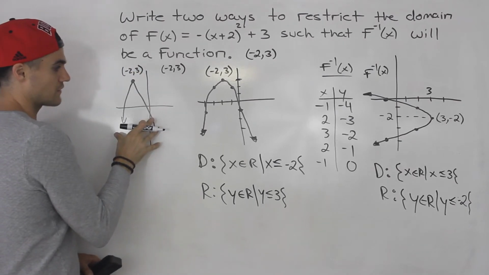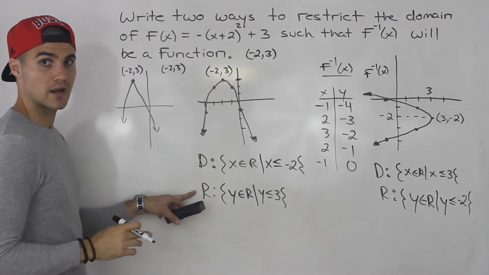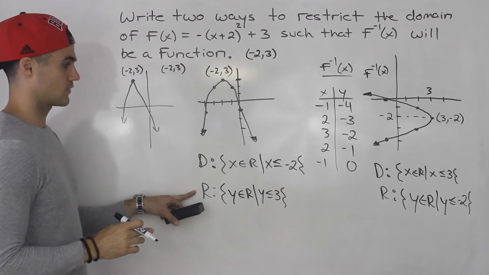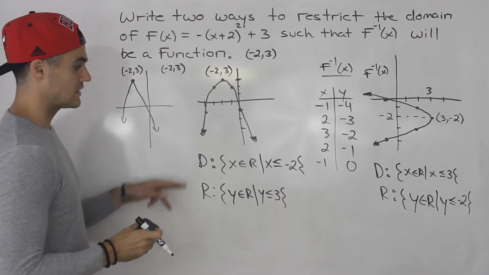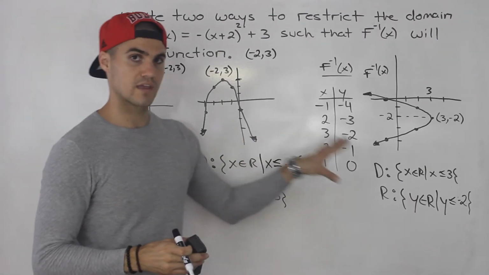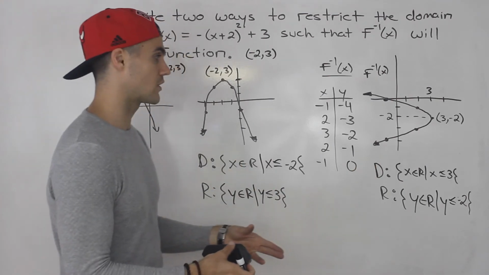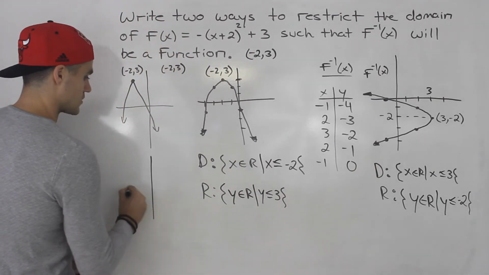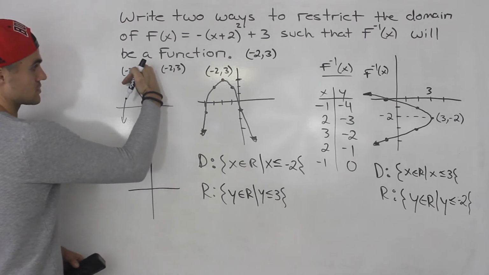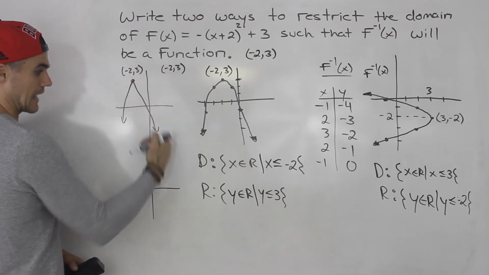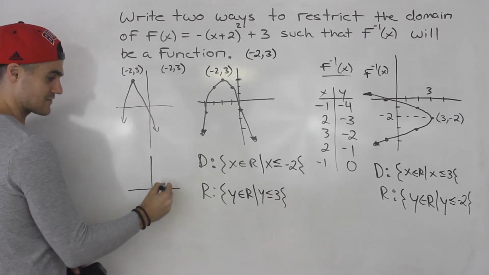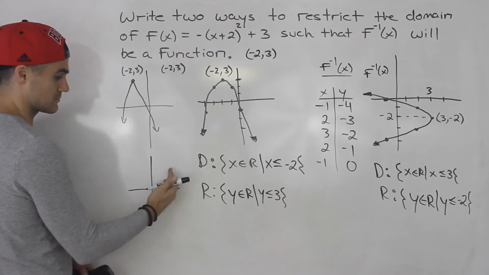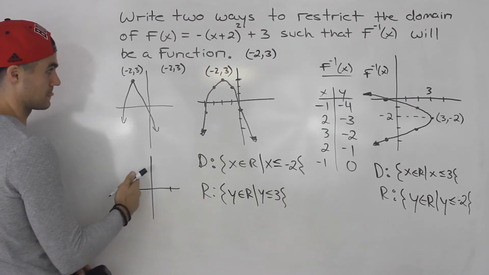And then from this rough sketch, I can get the domain and range for the function. And then I know the domain and range for the inverse is just going to be switched over, right? So because all the y values are less than 3, I know all of the x values are going to be less than 3 for the inverse.